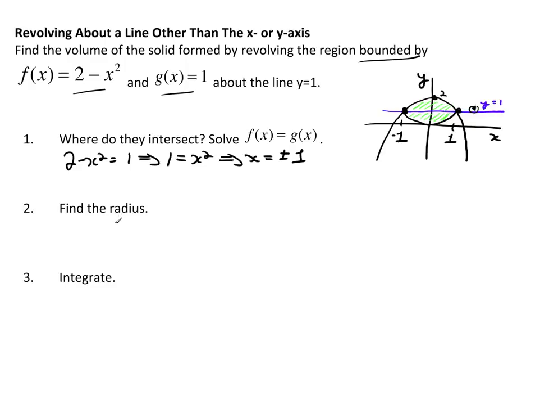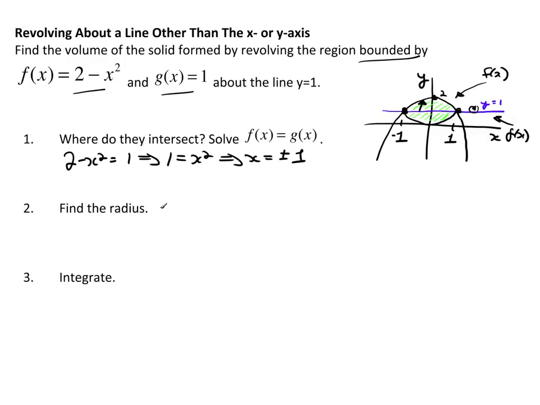Now I need to find the radius. I'm going to be moving along the x-axis here when I integrate. So my radius is going to be right here. It's going to be from this line y equals 1 up to my function. Well, that means this top function here is what we said was f of x. And this is what we call g of x.